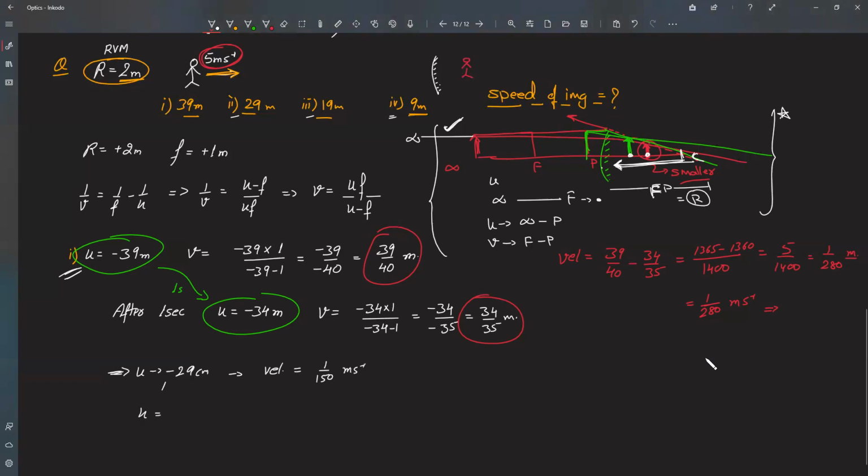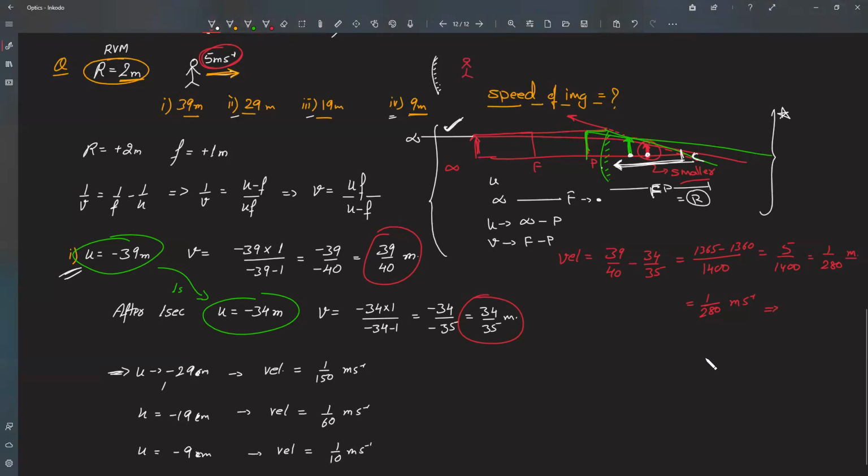Then it is increasing. When u is minus 19, in that case the velocity of the image is 1 by 60 meters per second, and when it is minus 9 meters, these all are in meters, so when it is 9 meters, the velocity will be 1 by 10. This should be the answer.